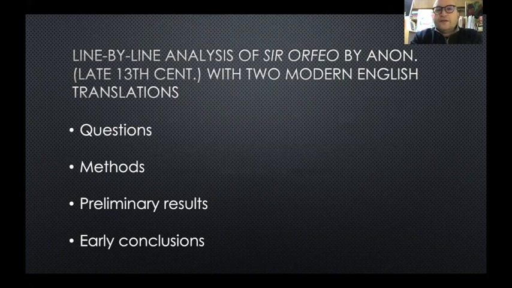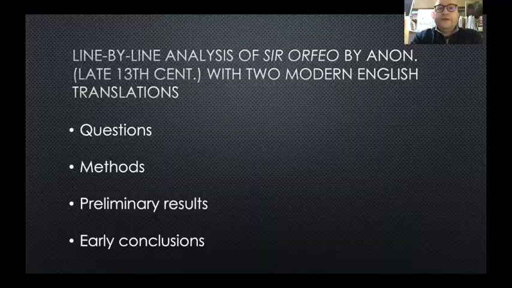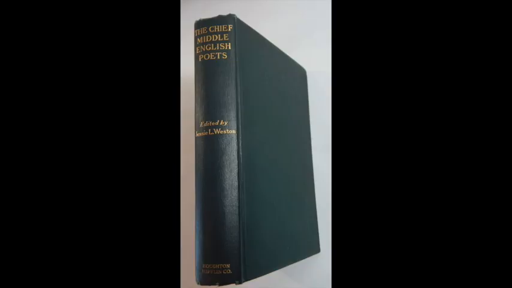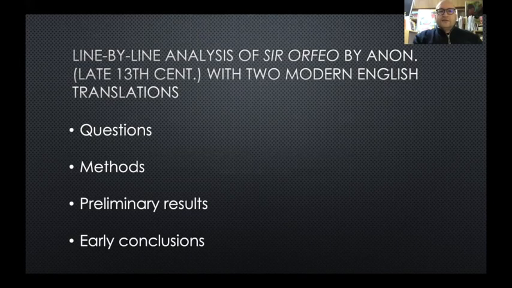The other was just a random translation I pulled from the internet from Harvard University's website. It's a translation by a woman in 1920. Her name is Jessie L. Weston. So I'm going to present some questions I had, my methods, and some results and early conclusions.